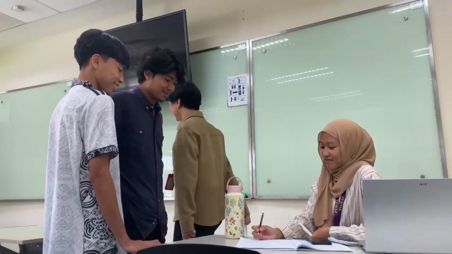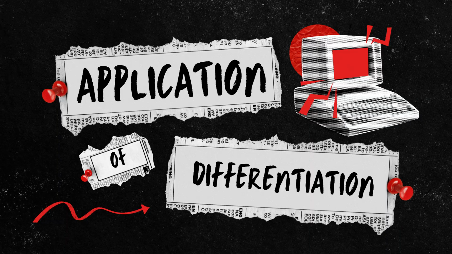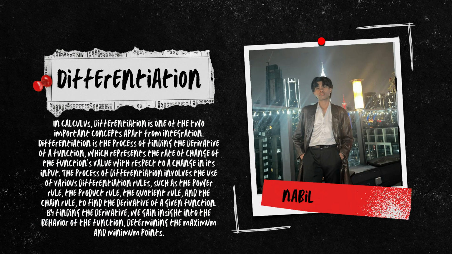Thank you. Before I explain this problem and how to solve it, let's see this slide first. Application of differentiation. In calculus, differentiation is one of the two important concepts apart from integration. Differentiation is the process of finding the derivative of a function, which represents the rate of change of the function value with respect to a change in its input.